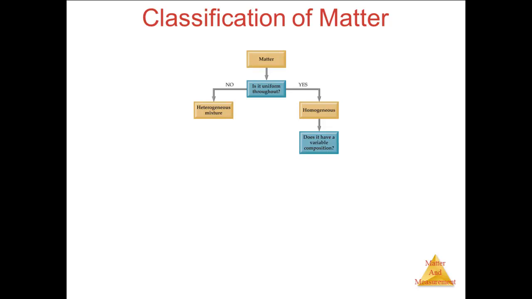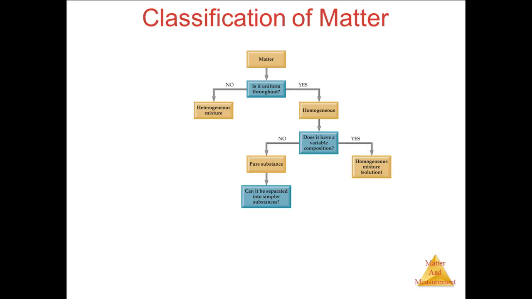Does it have a variable composition? Homogeneous matter with a variable composition is a mixture and is called a solution. If it has a constant composition, it is a substance.